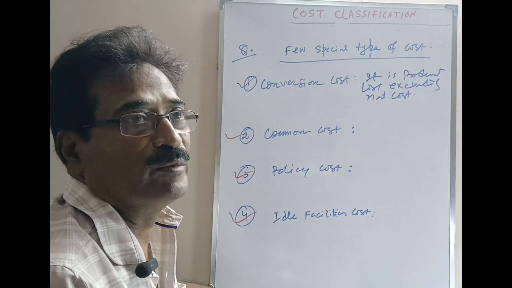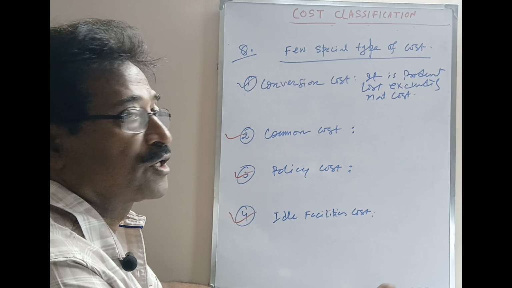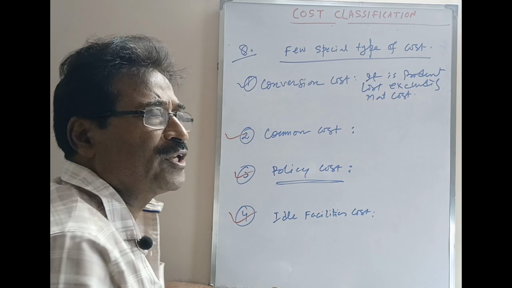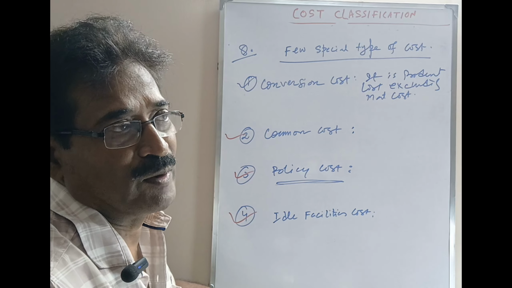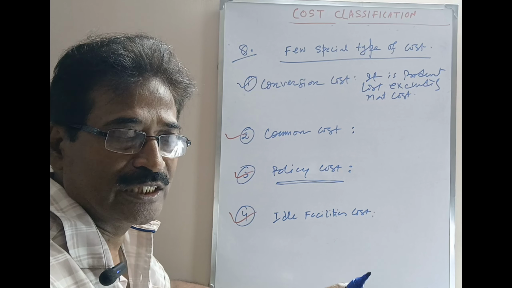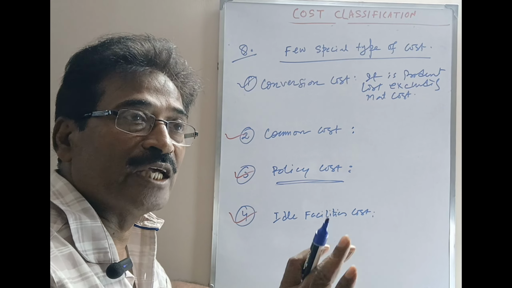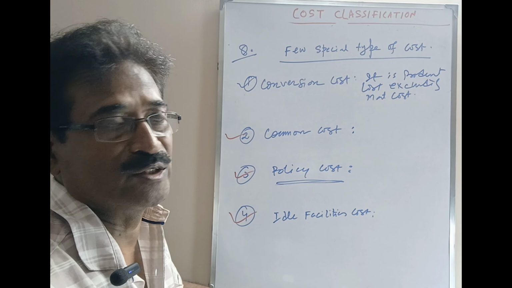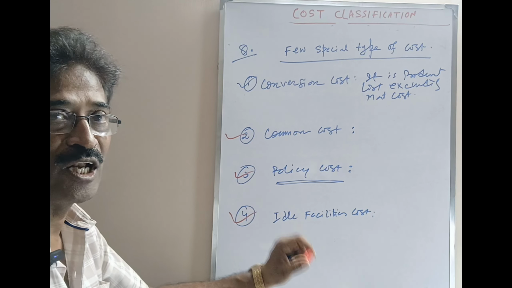It is called common cost, say factory overhead is an example of common cost. Okay. Then policy cost. Policy cost is a special type of cost. Normally this type of cost is not required. It is in addition to normal cost in case of a certain policy decision of the management of the undertaking. This is called policy cost. This is an additional cost.